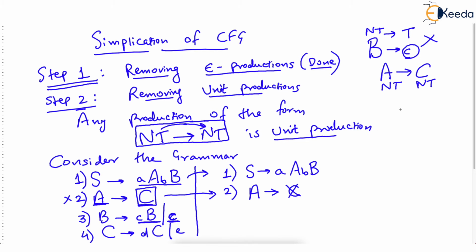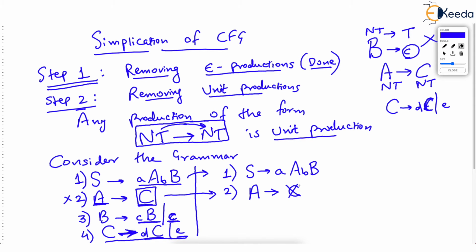Just observe, in the given grammar, C derives dC or e. Just check this fourth rule. Isn't C deriving these two things? C can derive either small d followed by capital C or C can derive small e. Then we simply replace the value of C at the right hand side, because the right hand side was C and C anyway derives dC or e.